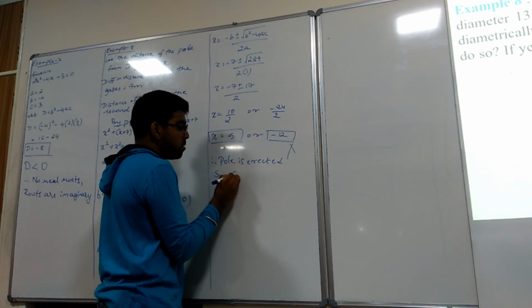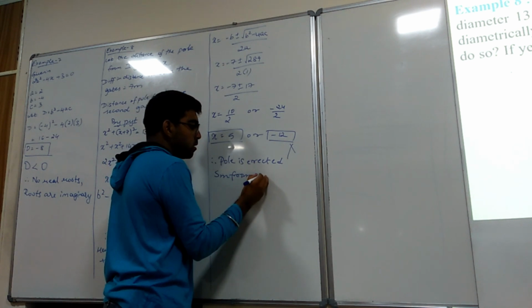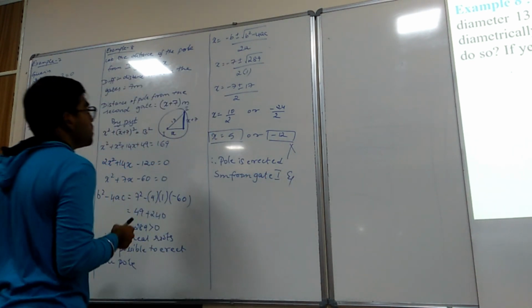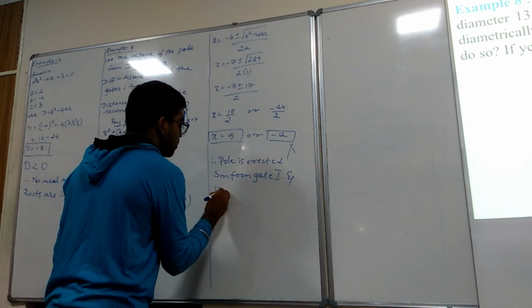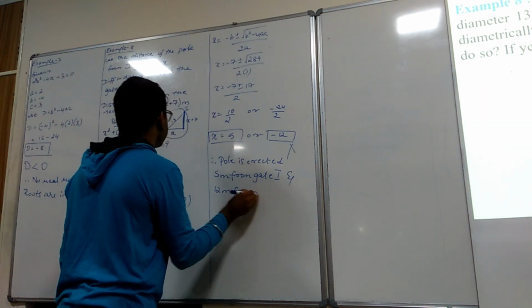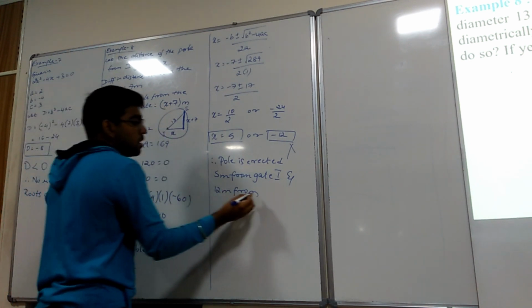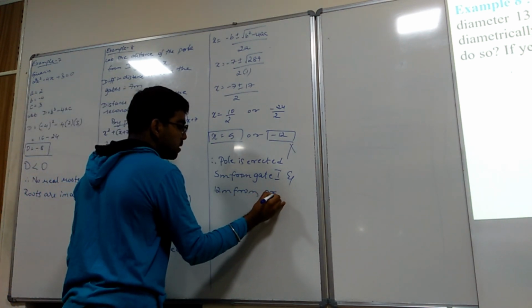Five meters from gate 1 and how many meters? 12 meters from gate 2. 5 plus 7, 12 meters from gate.